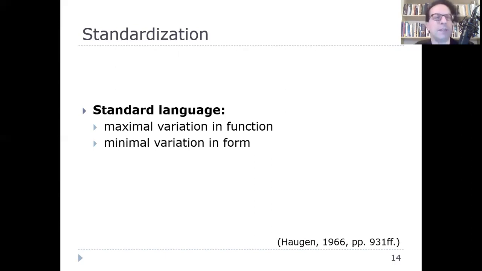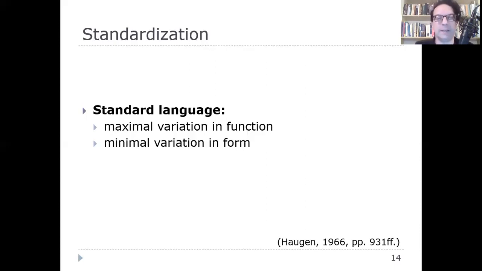And minimal variation in form. What does this mean? It means that there should be only one way or very few ways to spell something, to say something, there should be sort of one correct grammar, and other forms are probably not so correct, are not really favored by the standard. Okay, and that's what we have in English today.